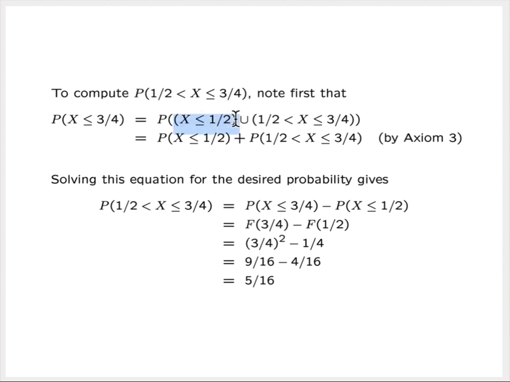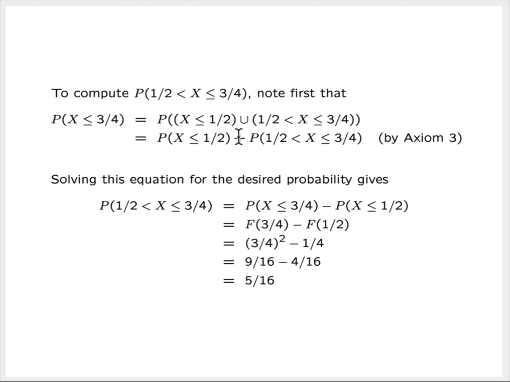The first event being that x is less than or equal to 1/2, and then the union with the event that x is strictly greater than 1/2 and also less than or equal to 3/4. Just take a look at that and convince yourself that the union of those two events is equal to the event that x is less than or equal to 3/4. X is going to be less than or equal to 3/4 if and only if it's less than or equal to 1/2, or it's greater than 1/2 but less than or equal to 3/4.